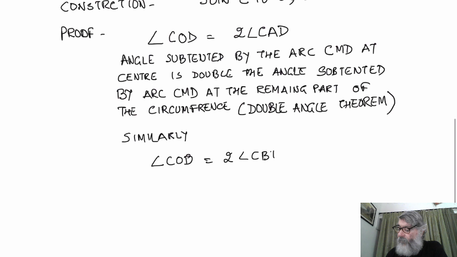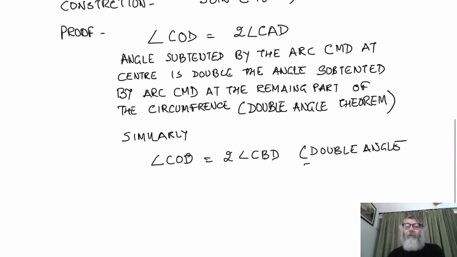Double angle theorem. The reason is again the angle subtended by an arc at the center of the circle is double the angle which it subtends in the remaining part of the circumference.